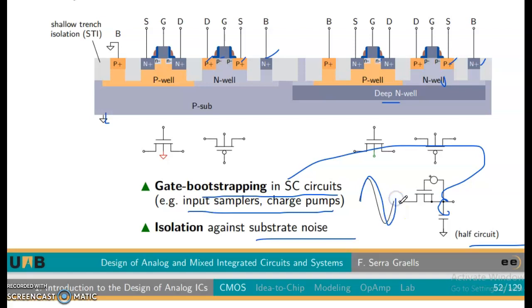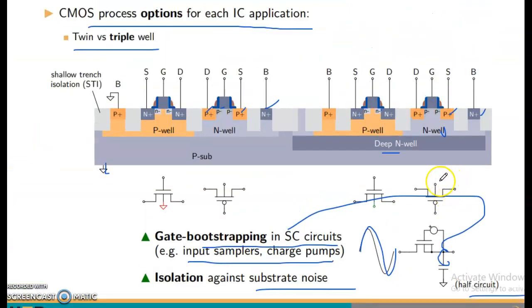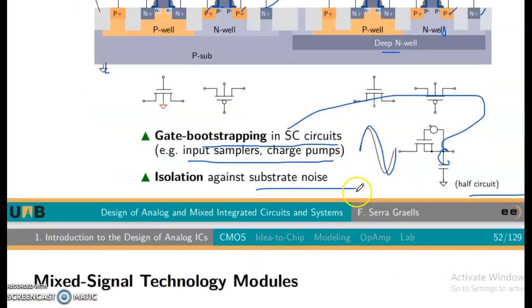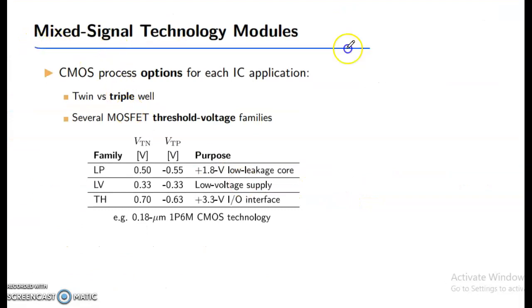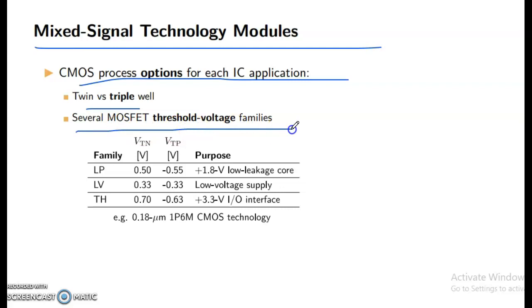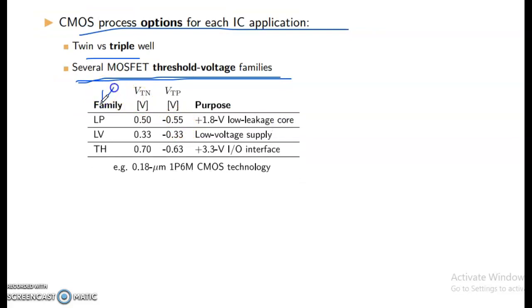Mixed signal modules. CMOS process options for each IC application. Twin versus triple well. Several MOSFET threshold voltage families: LP, LV, TH.